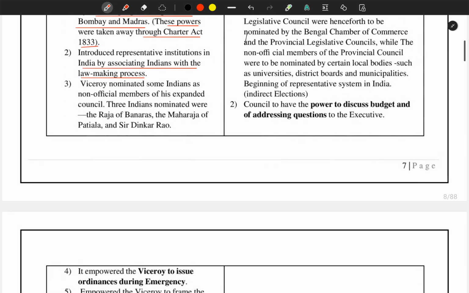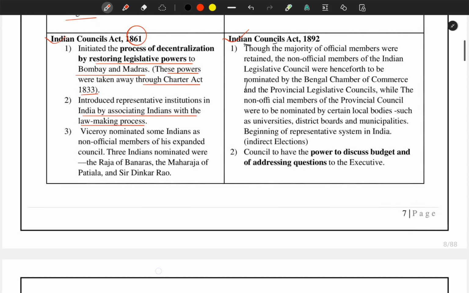The Viceroy nominated some Indians as non-official members of his expanded council. During the Indian Council Act of 1861, it made a provision that Indian association will be there in the lawmaking process.